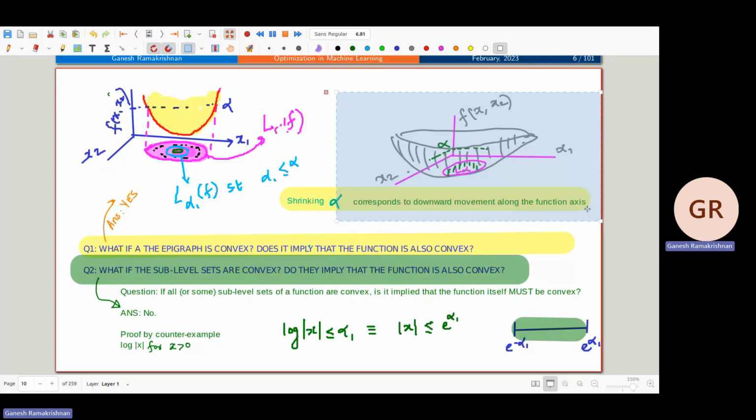Is it defined at 0? Undefined at 0. In any case, the double derivative for x greater than 0 is minus 1 upon x squared, which is negative. And for x less than 0 it is again negative.